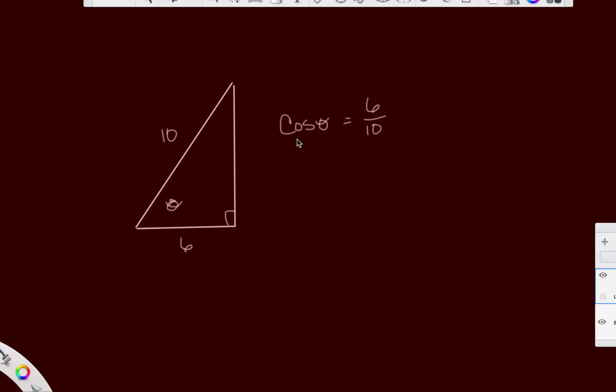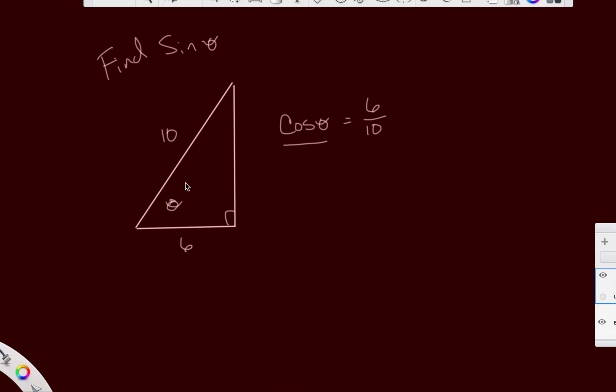So it would say, what is cosine theta? And you'd say, well, it's 6 over 10. And that's really what it is. The question would be, find this particular ratio. What if it said, hey, find sine of theta?